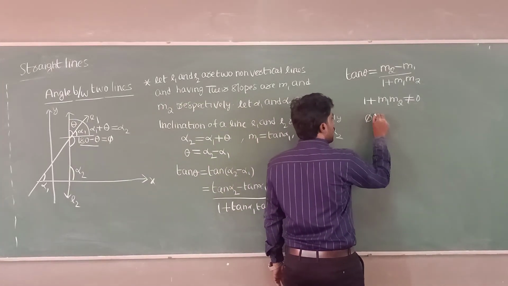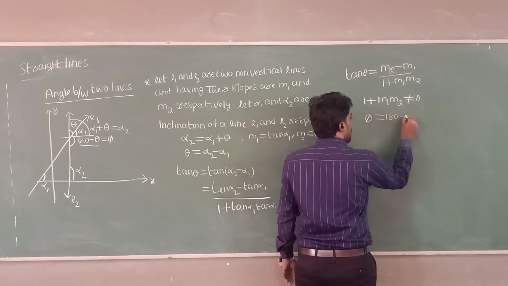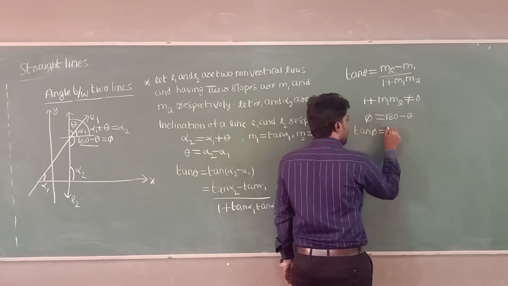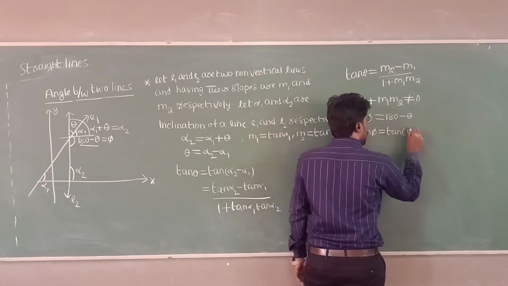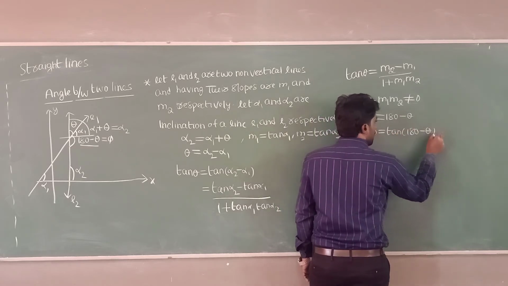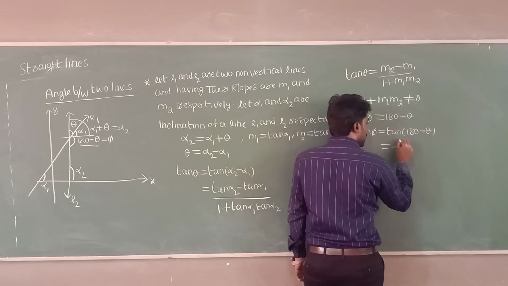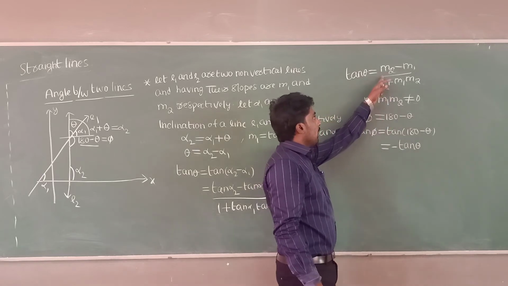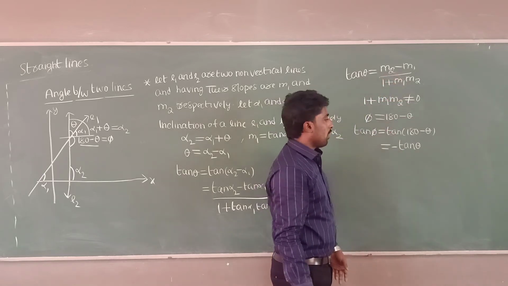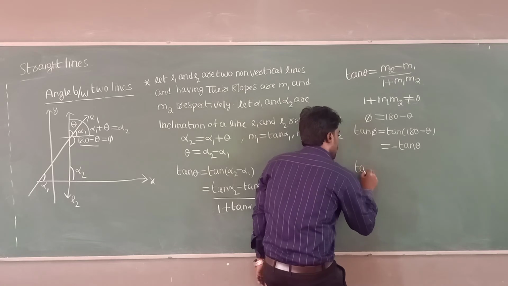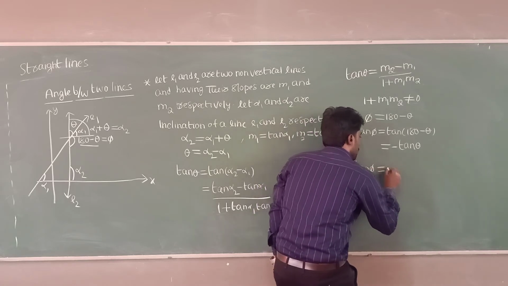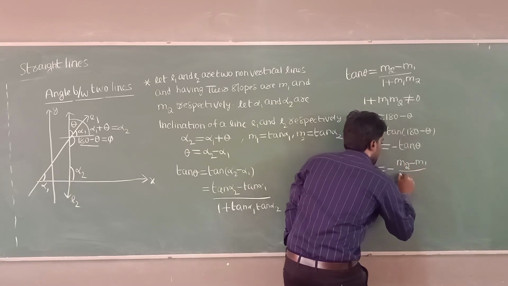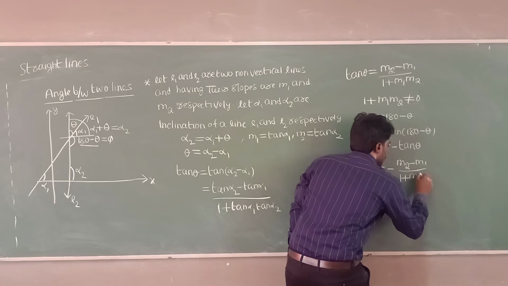Applying tan on both sides, tan pi equals tan of 180 minus theta, which becomes minus tan theta. I know the value of tan theta, m2 minus m1 by 1 plus m1 m2. Substituting, tan pi equals minus of m2 minus m1 by 1 plus m1 m2.